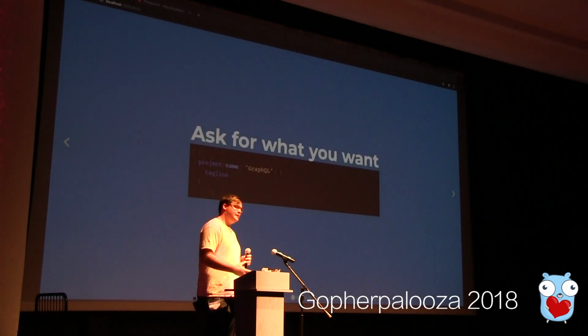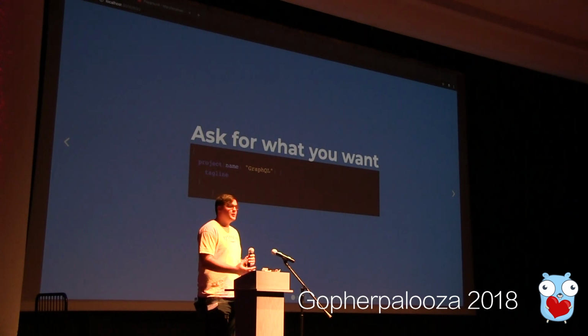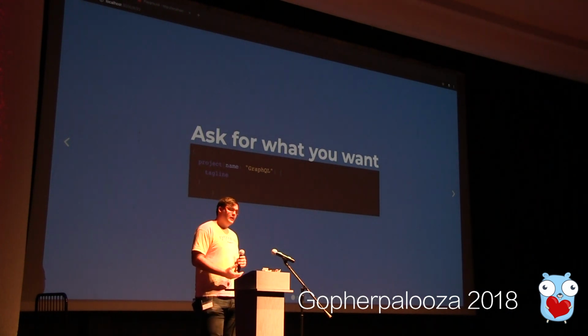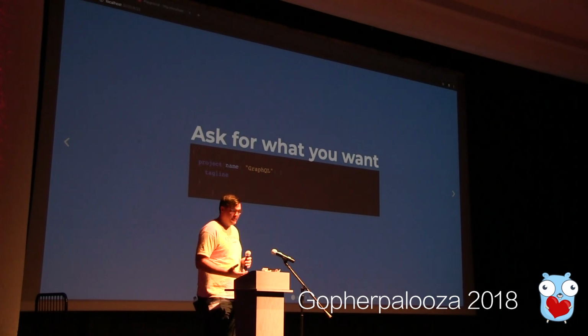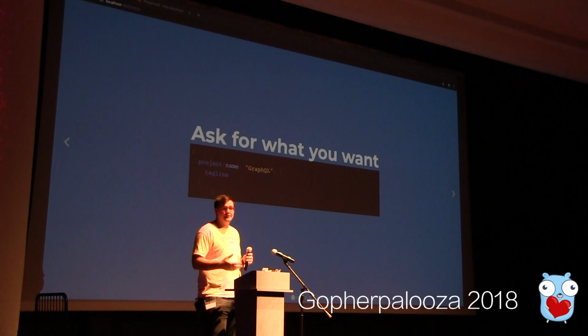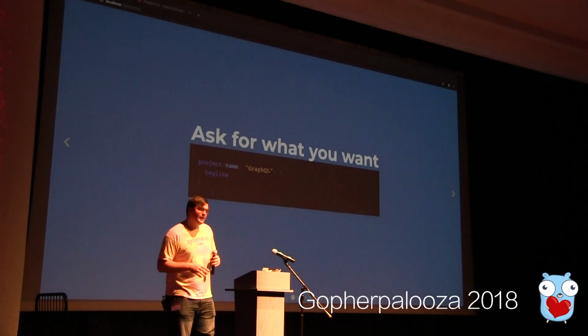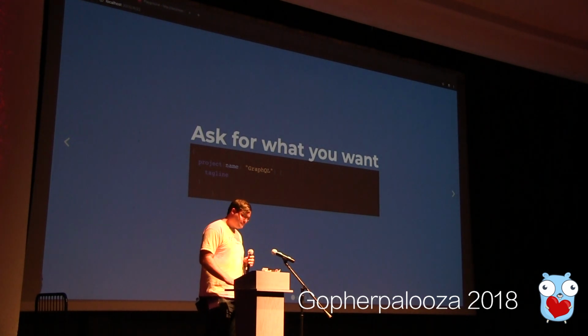After you've defined what the data looks like, you can ask for what you want from the GraphQL server, right? So GraphQL is a query language that looks a lot like JSON. It looks like JSON without the values, right? And there's these little function call looking things in there, but it's all declarative. You're not actually calling any functions here.